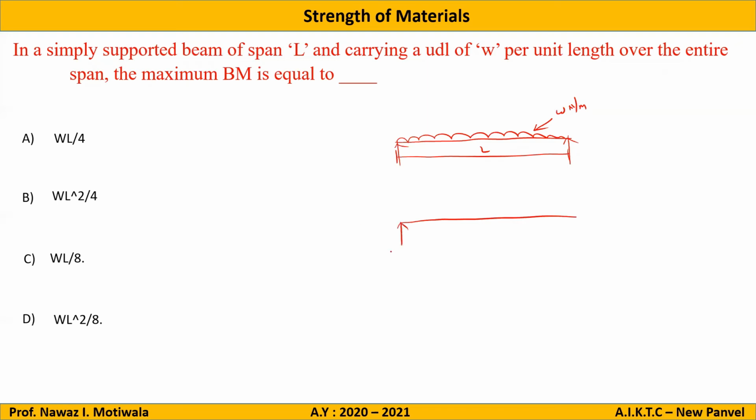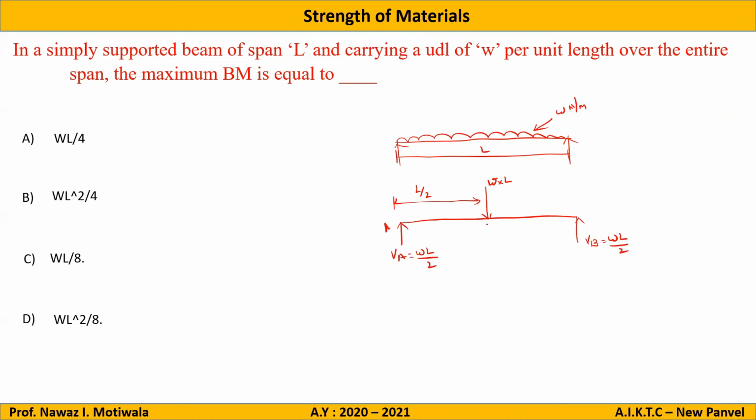There it will be VA, there it will be VB, and because it is UDL, the force will be W into L acting at a distance of L by 2. Now, as it is exactly at the center, I can directly write without solving, VA is equal to WL by 2, VB is also equal to WL by 2.